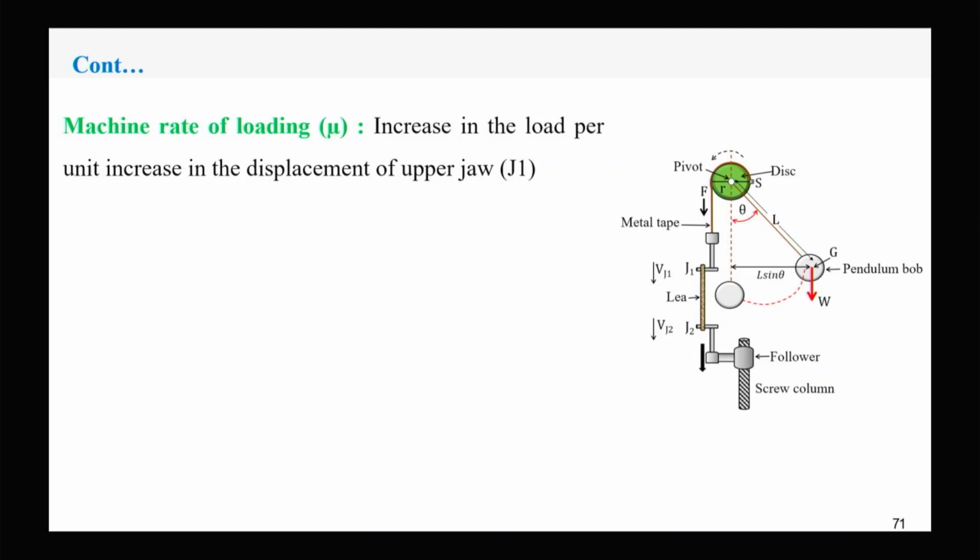From this we can calculate two parameters. One is called machine rate of loading, denoted by the sign mu, which is the increase in the load per unit increase in the displacement of the aperture.